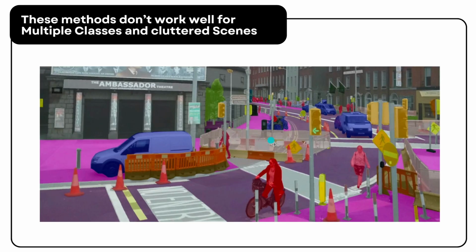This is where deep learning based segmentation techniques like fully convolutional networks, U-Net, or Mask R-CNN become essential. These models learn representations of object context, shape, and meaning from data. So the takeaway here is, for simple tasks, classical methods work, but for complex real world environments, we need deep learning.